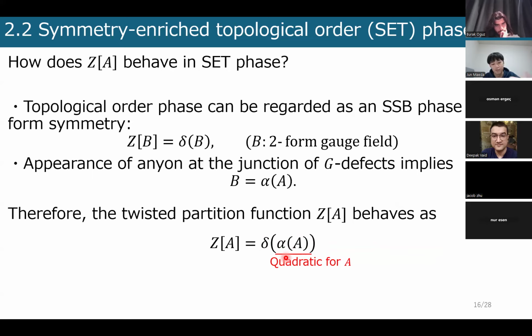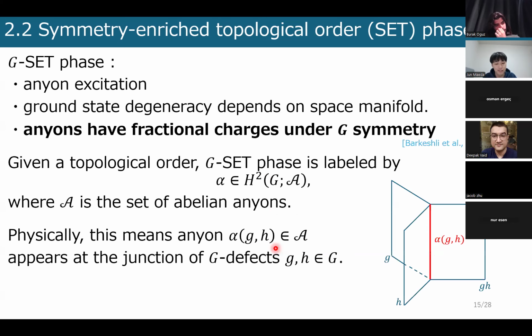Let us consider the SSB phase case again. In the SSB phase, we put a defect, or equivalently impose a twisted boundary condition, then a domain wall appears. But in the SET phase case, we must place G defects so that there is a junction.